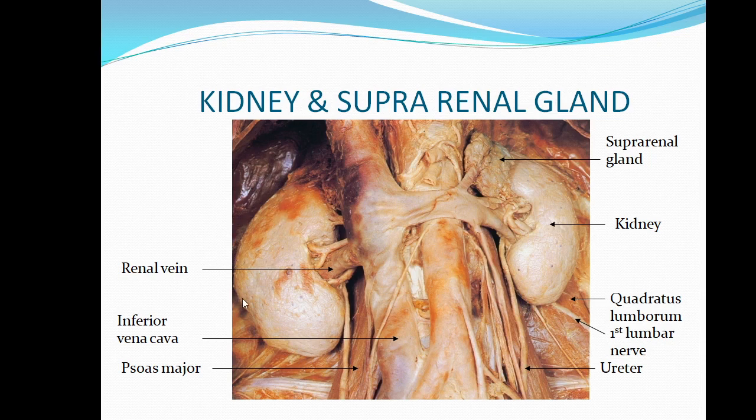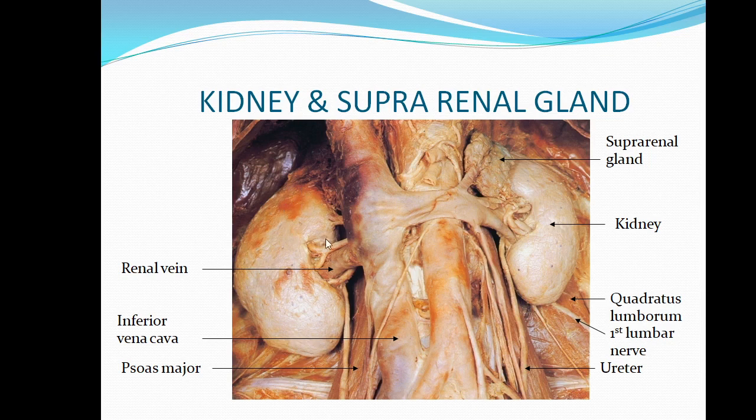Here you can see it is a bean-shaped, reddish-brown structure having an upper pole and lower pole, an anterior surface and a posterior surface, and an outer convex border.